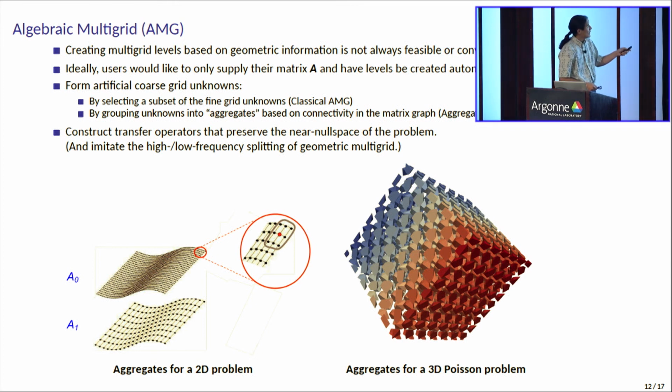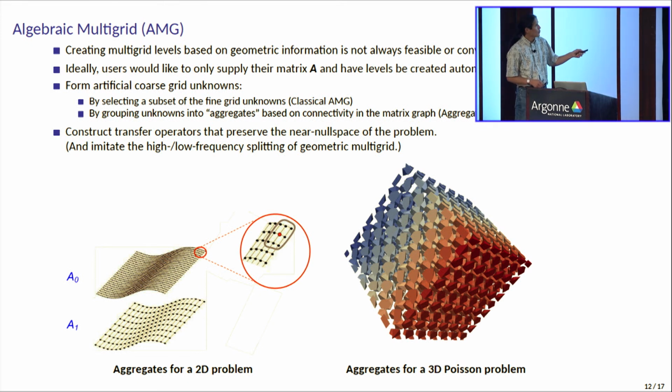The other main type of multigrid is aggregation-based, where you group a set of fine grid unknowns together into what's called an aggregate, and that forms a single unknown on the coarse level.